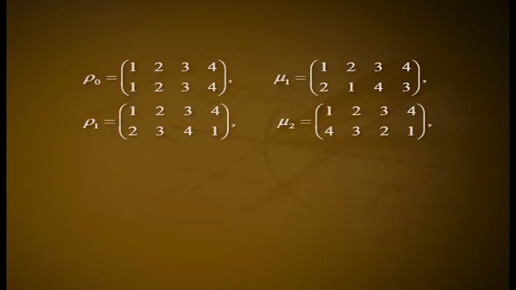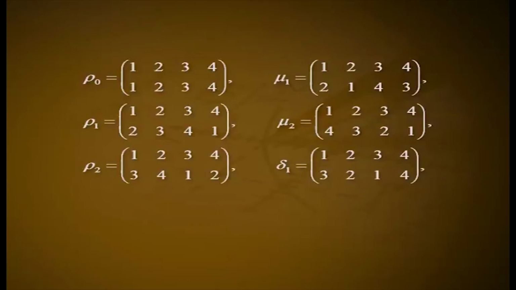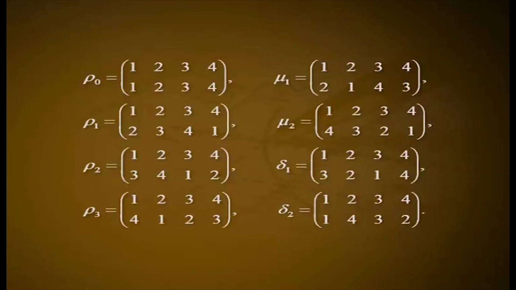Mu 2 is equal to 1 to 4, 2 to 3, 3 to 2, 4 to 1. Rho 2 is equal to 1 to 3, 2 to 4, 3 to 1, 4 to 2. Delta 1 is equal to 1 to 3, 2 to 2, 3 to 1, 4 to 4. Rho 3 is equal to permutation 1 to 4, 2 to 1, 3 to 2, 4 to 3.